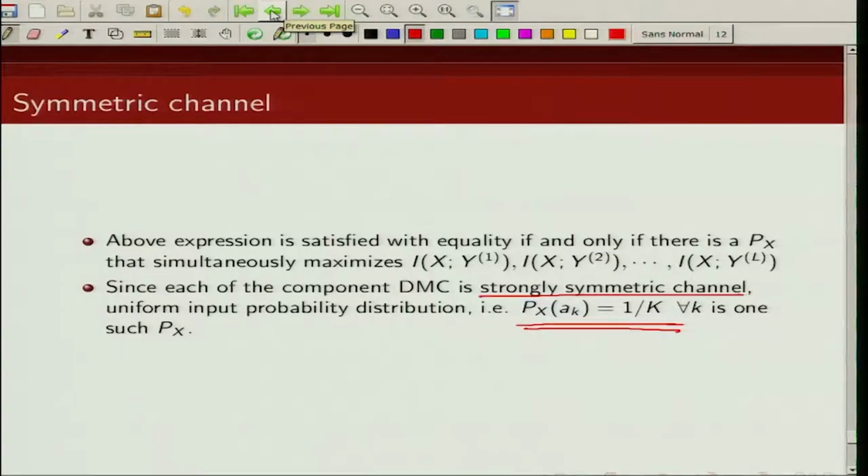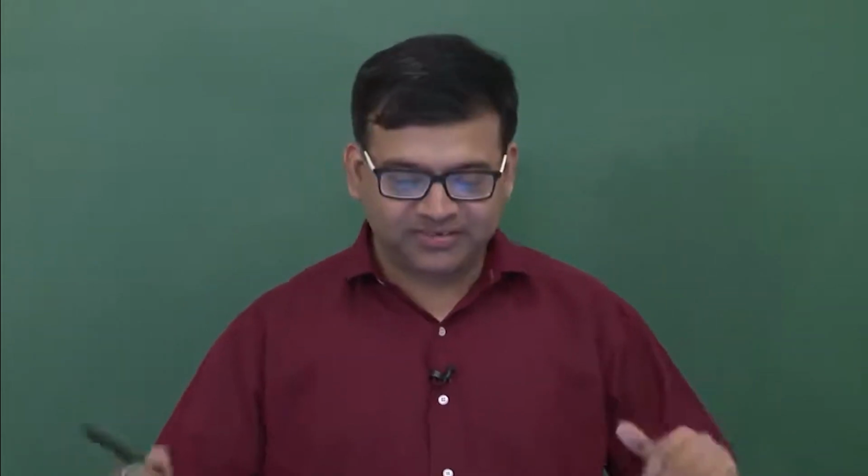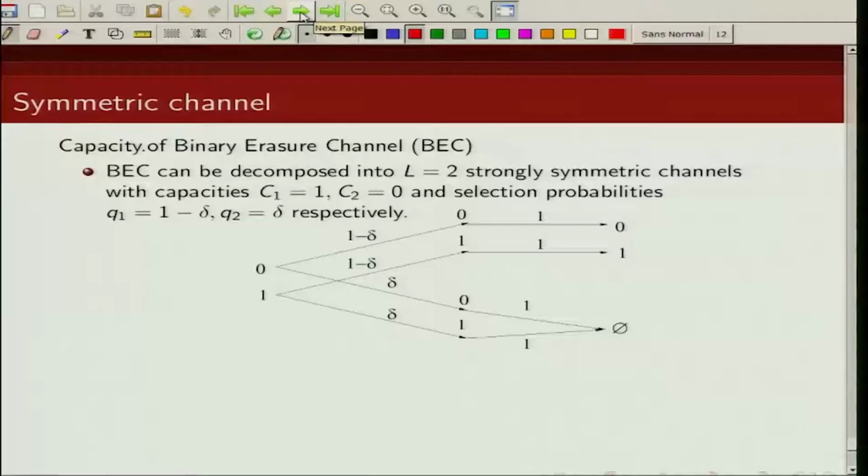So we will illustrate how we can decompose a symmetric channel into strongly symmetric channels, and then we will use the expression for strongly symmetric channels to compute the capacity of a symmetric channel. So take an example of a binary erasure channel.